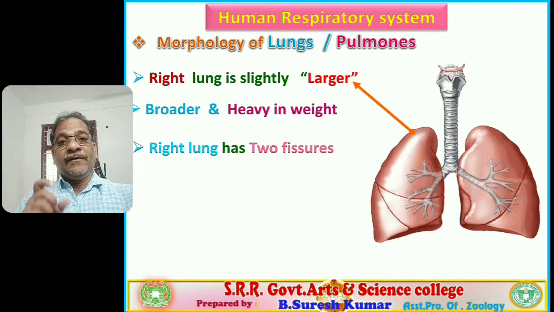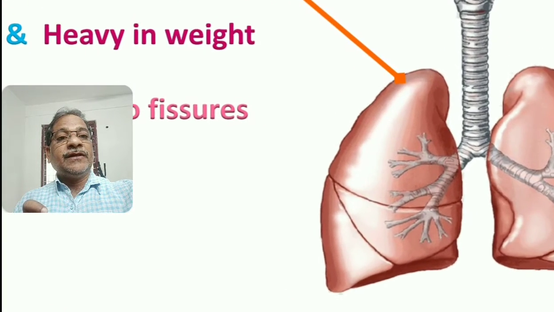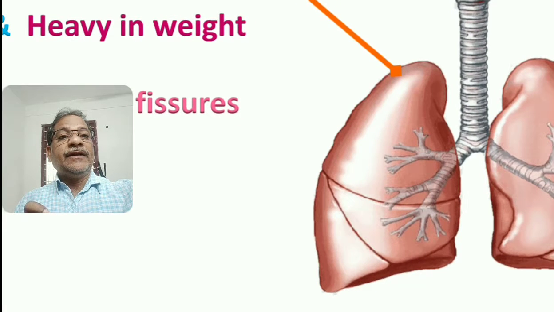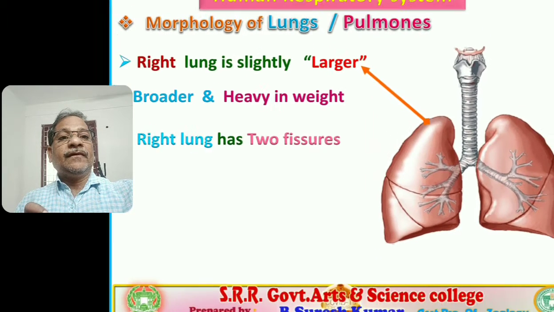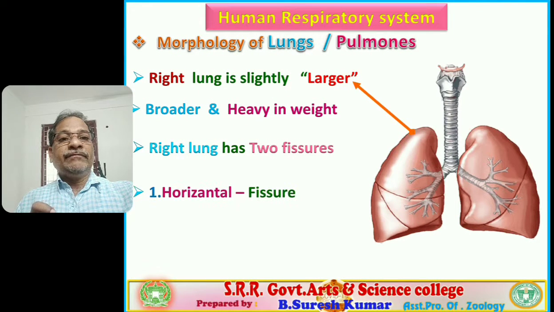The left lung contains only one fissure, but the right lung contains two fissures. You observe externally it contains two fissures. Follow. These two fissures are, number one, the horizontal fissure. Why? Because it is seated in a horizontal fashion across the lung, hence termed horizontal fissure.